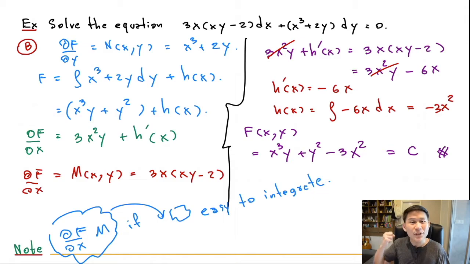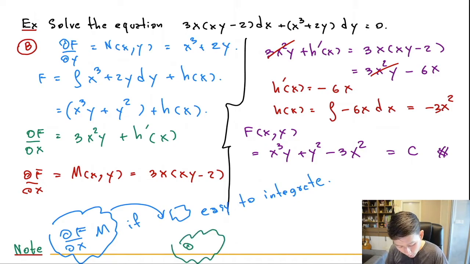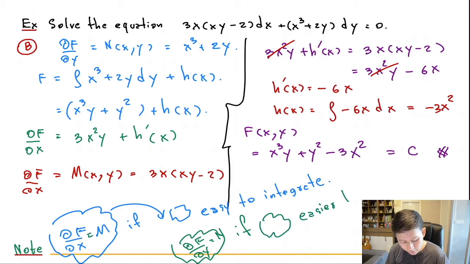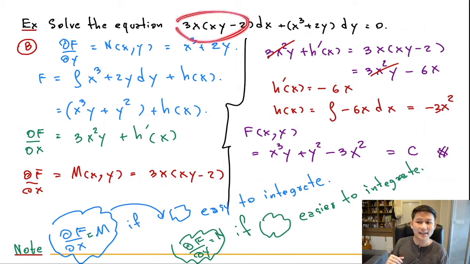Don't forget, we need to integrate first, and then differentiate. So if you begin with the function that you can integrate pretty easily, your life is going to be much easier. Similarly, I'll begin with df by dy equals N if this is easier to integrate. So basically, you look at which one is easier to integrate.